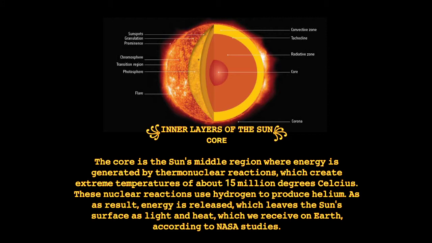These nuclear reactions use hydrogen to produce helium. As a result, energy is released, which leaves the sun's surface as light and heat, which we receive on Earth, and this is according to NASA studies. The core extends to roughly a quarter of the way from the sun's center.